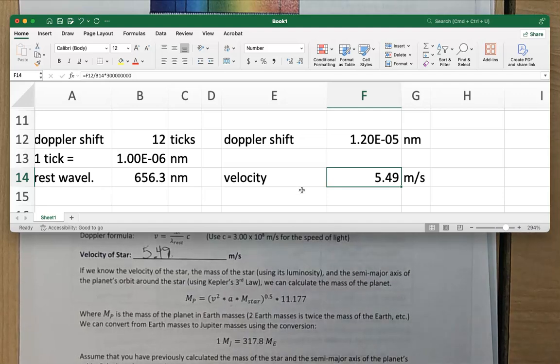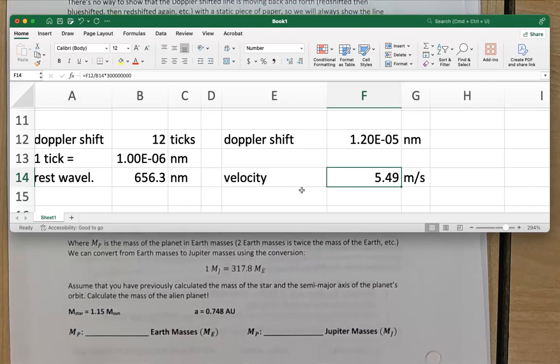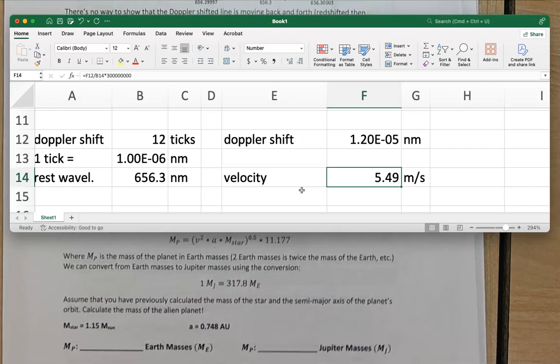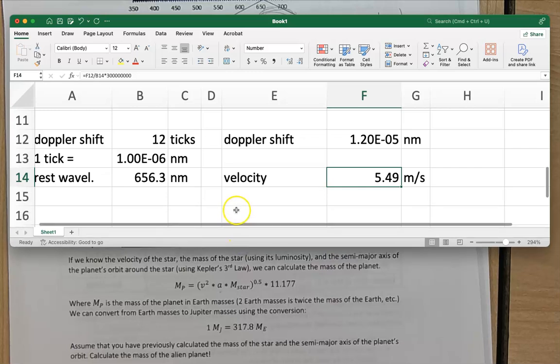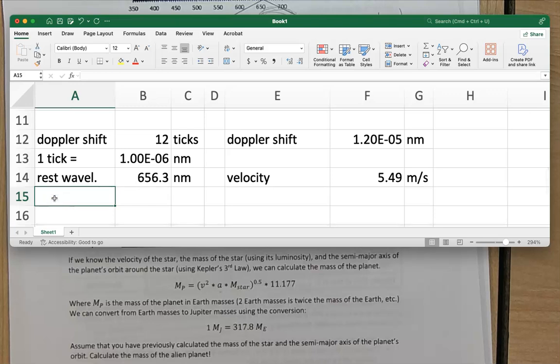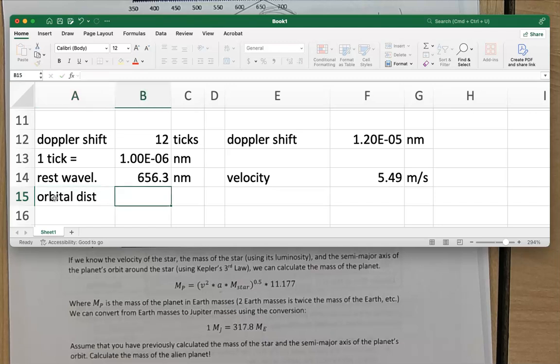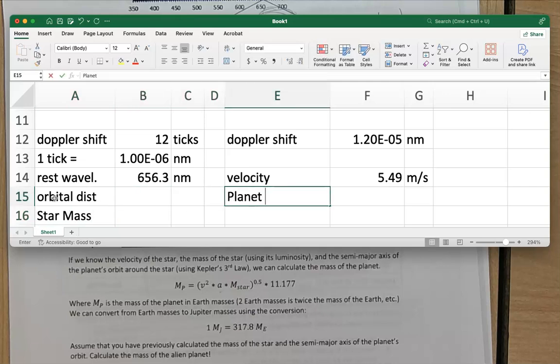So using this, I need to know the orbital distance and the star mass in order to calculate the planet mass.